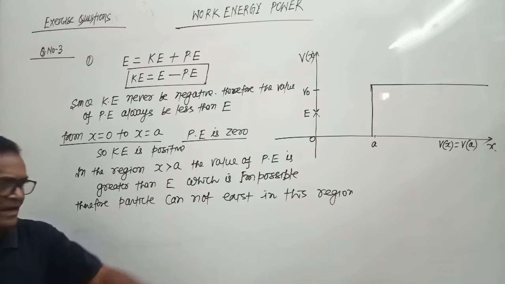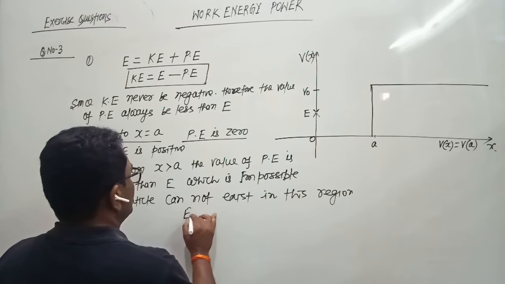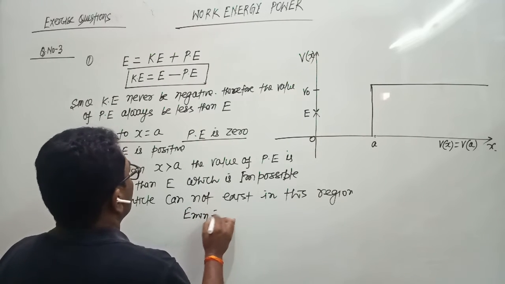Therefore, the minimum total energy E minimum equals 0.